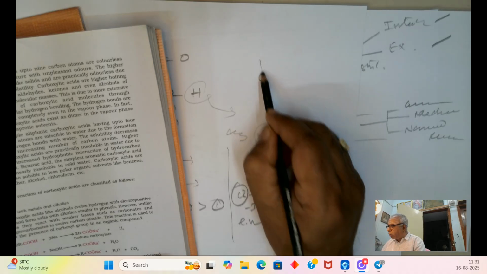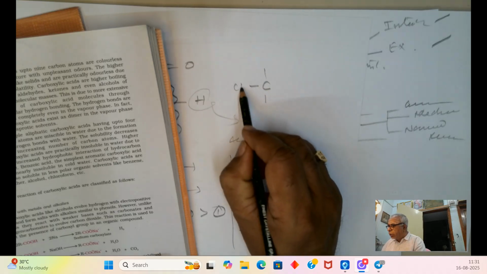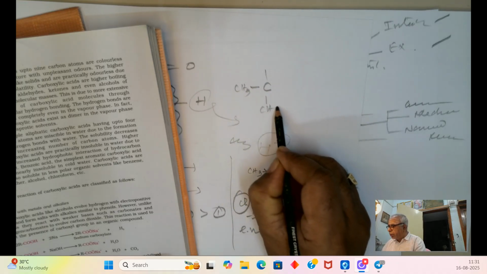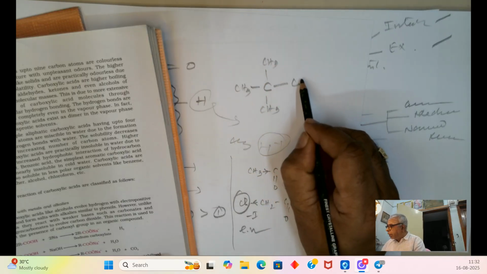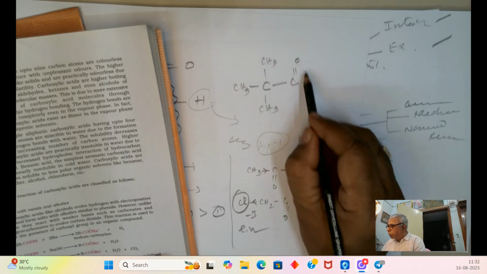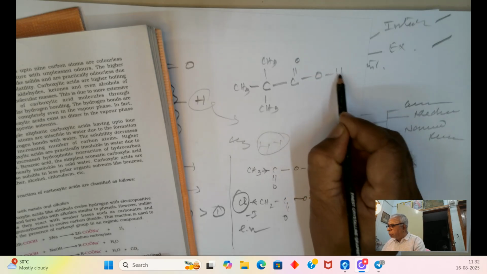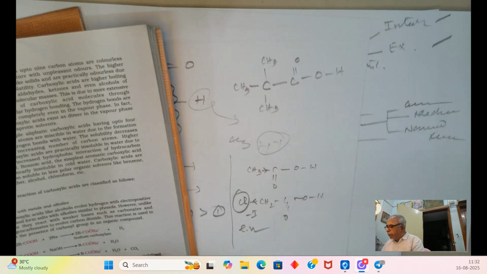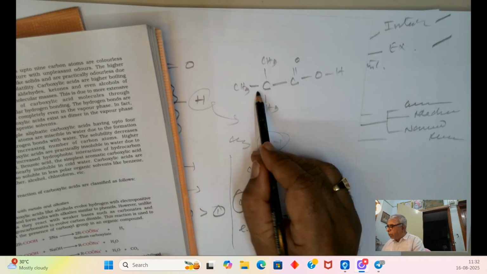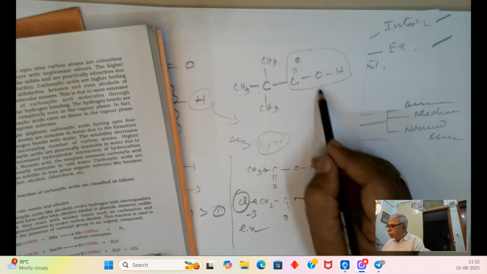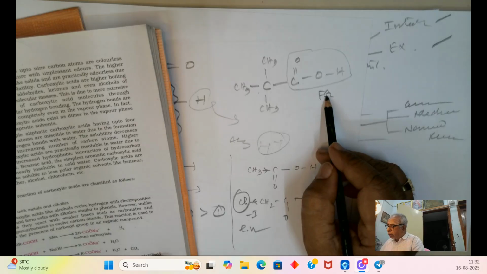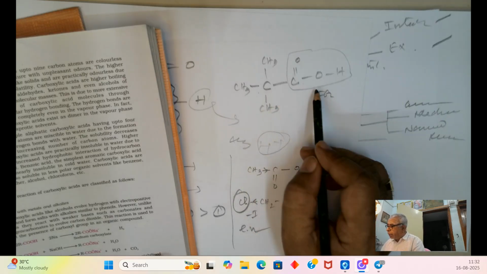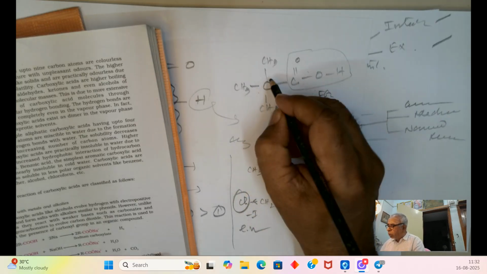For example, I got an acid like this: CH3, CH3, CH3, then C double bond O and OH. Now, shall we discuss this part? This alpha carbon atom, because you know very well this is a functional group, and the carbon atom adjacent to the functional group is called alpha.